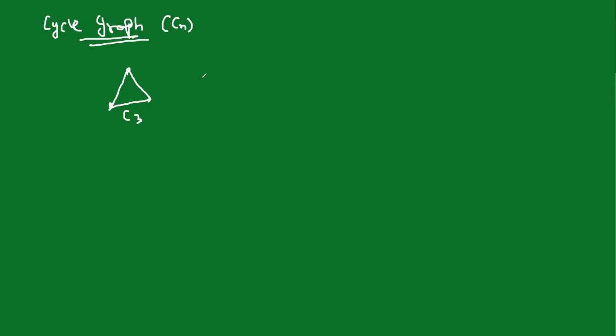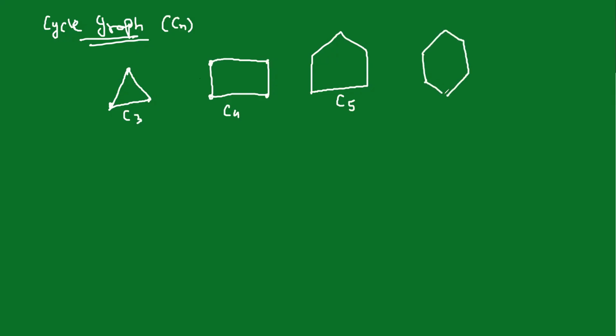You cannot create a C2 cycle. In a cycle, the starting and final vertices will be the same. This is a cyclic graph. This is C5. Right? This is C6.